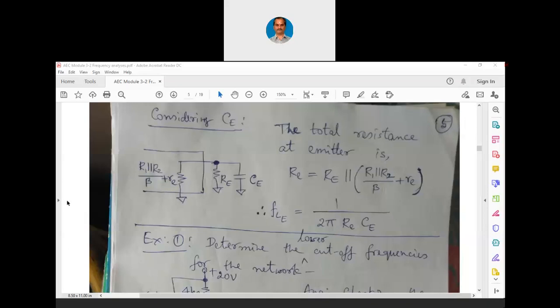the exercises later on. And the exercises in this module are slightly bigger. Why? Because we are going to find out the effective capacitance and resistance values for all the three, considering the input, considering the output, considering the emitter also.